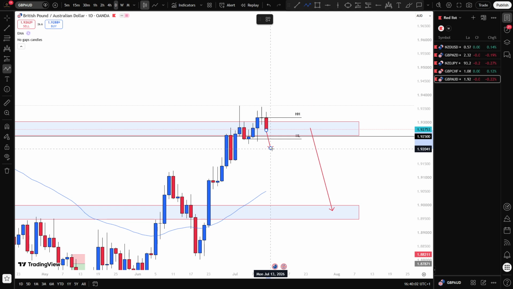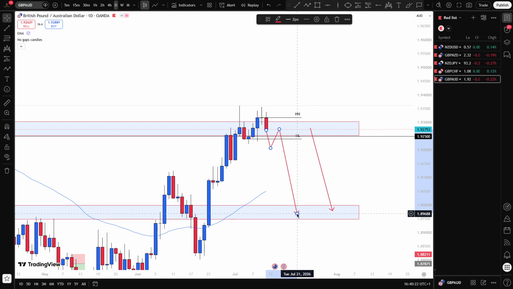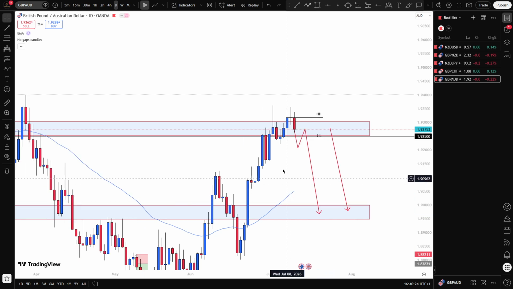Once the candlestick body closes here, we will be bearish. So on this pullback, I'll look for my entry signal around here to take the trades to the downside.